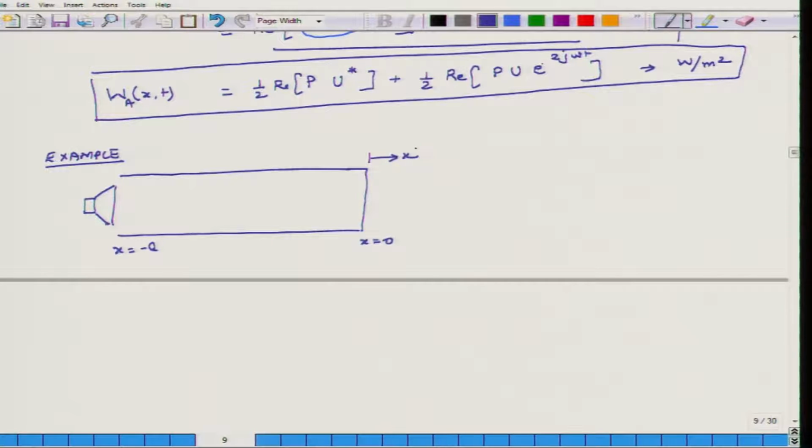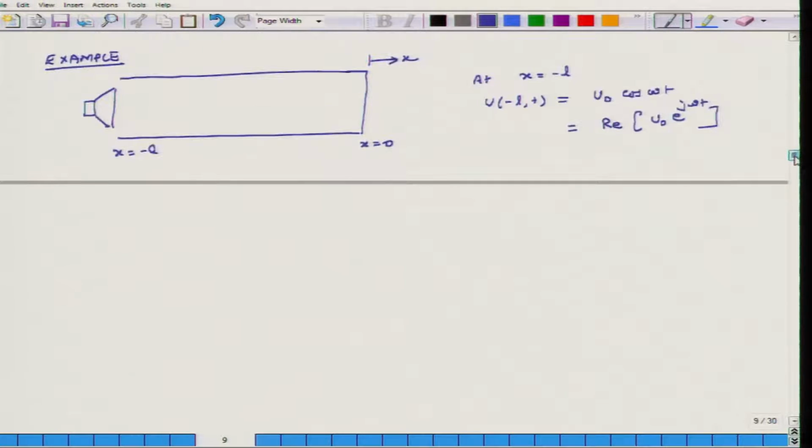At x equal to minus L, I know the velocity of the diaphragm. Whatever is the velocity of the diaphragm will be the velocity of air at that location. So, I know that u at minus L, t is equal to some constant u 0, which is a real number, times cosine omega t, or I can also express it as the real part of u naught e^(j omega t).